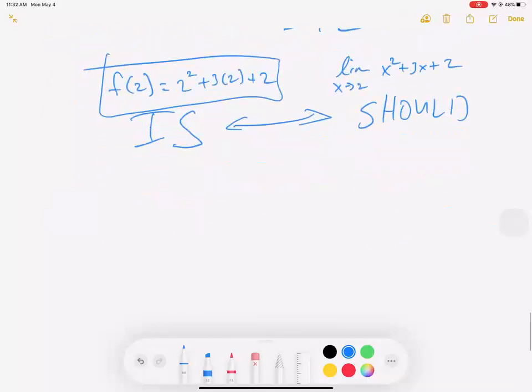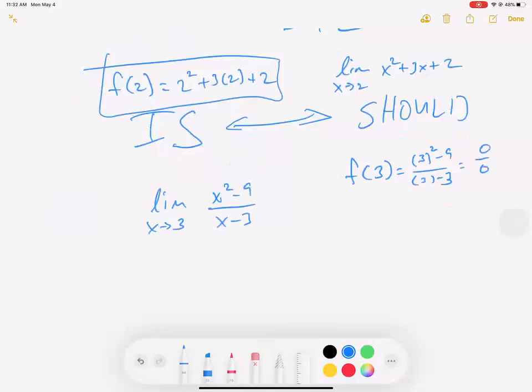But if I gave you the problem, the limit as x approaches 3 of x squared minus 9 over x minus 3. Okay. Can I really plug in 3? Does f of 3 really exist? It's 0 over 0. That value doesn't exist, does it?